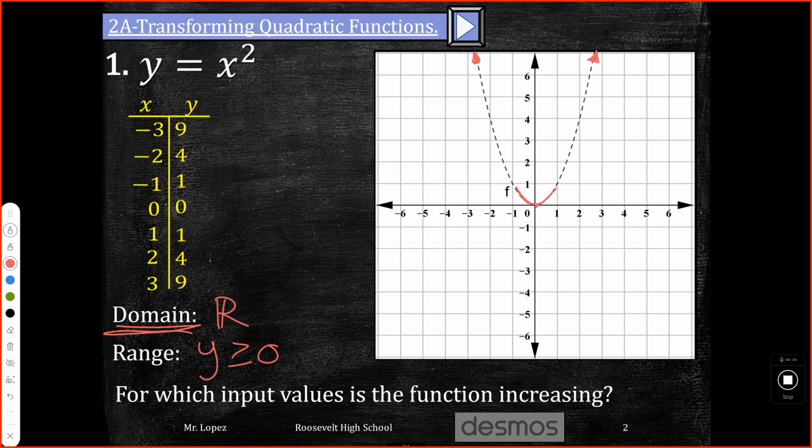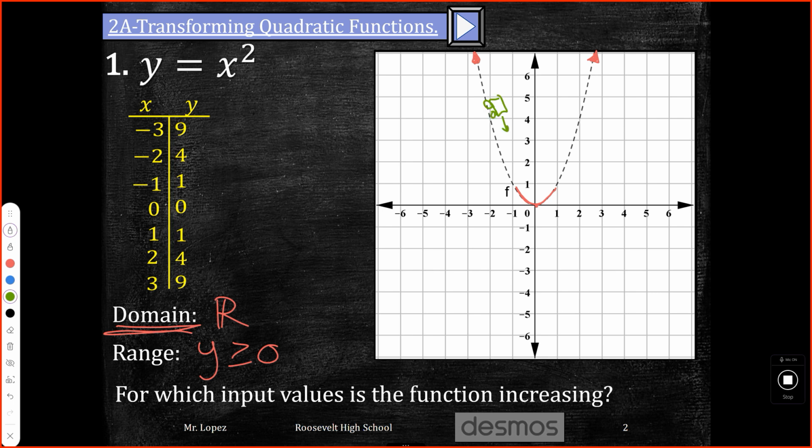And this is a new one that we're adding on to what we've already done with the other function. For which input values is the function increasing? We always go from left to right, like rolling on a roller coaster from left to right.